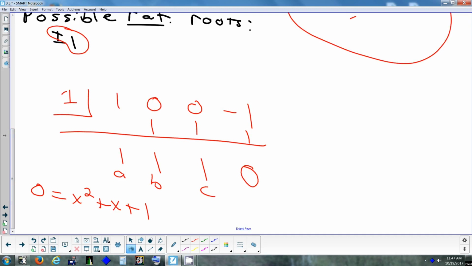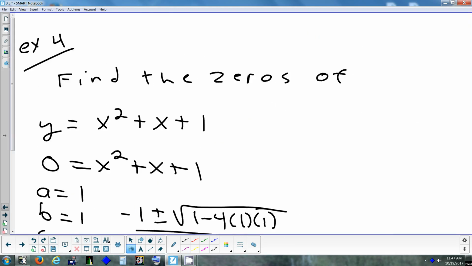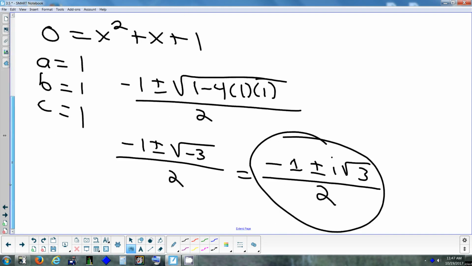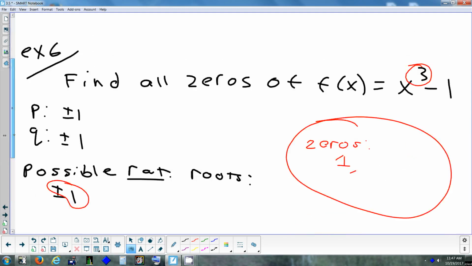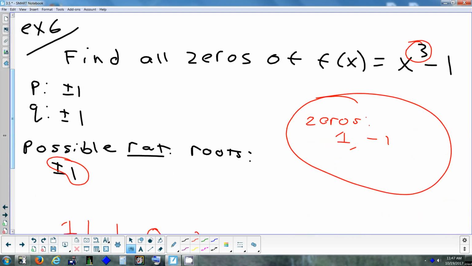That's the same answer as before. Yeah, we just solved this problem. X squared plus x plus 1, we did right here. So we've already gone through all the work to solve that part of it. Those are your other 2 roots: negative 1 plus or minus i root 3 over 2. So put that right here.